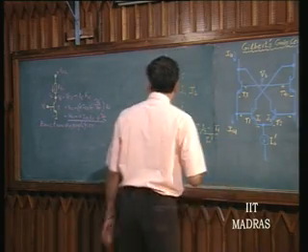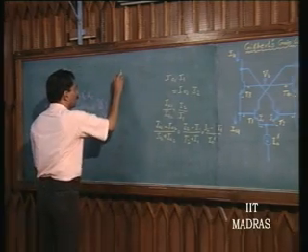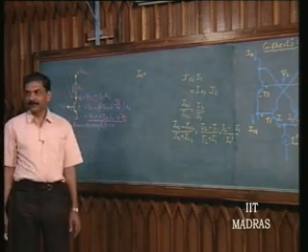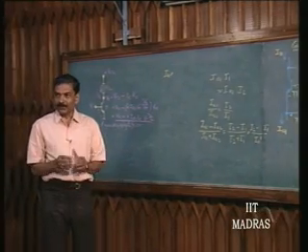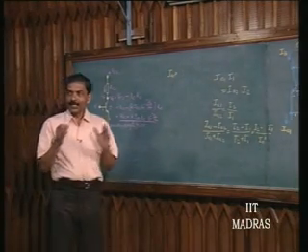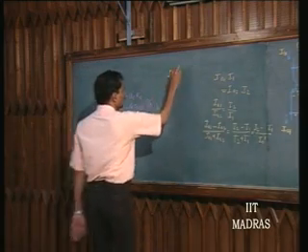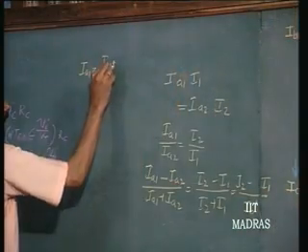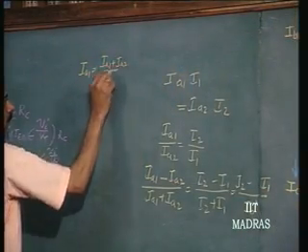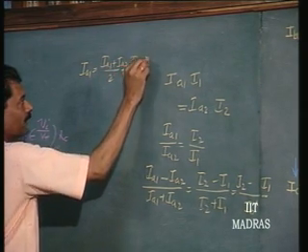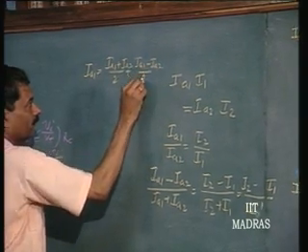Any current, therefore, IA1 can be split up as a current common to both. What is it? IA1 plus IA2 by 2 plus IA1 minus IA2 by 2.